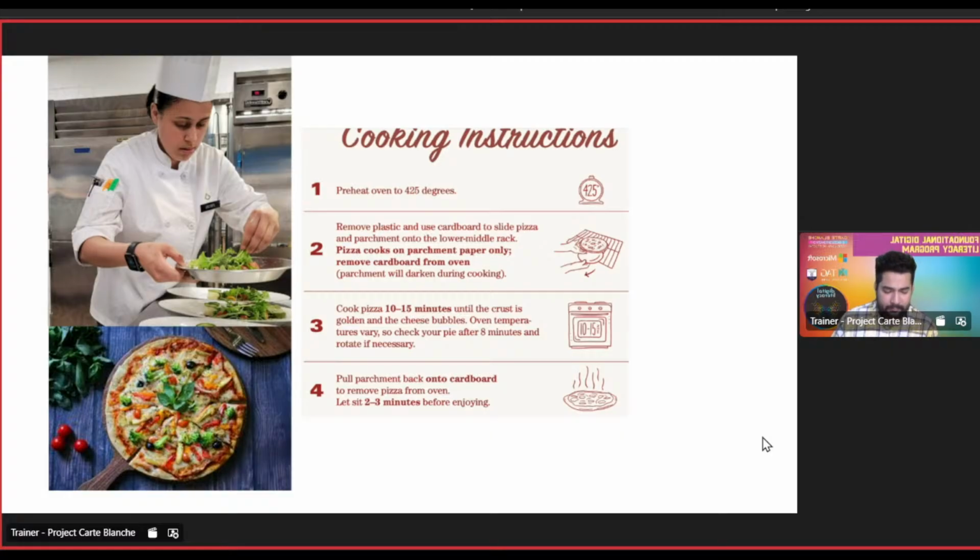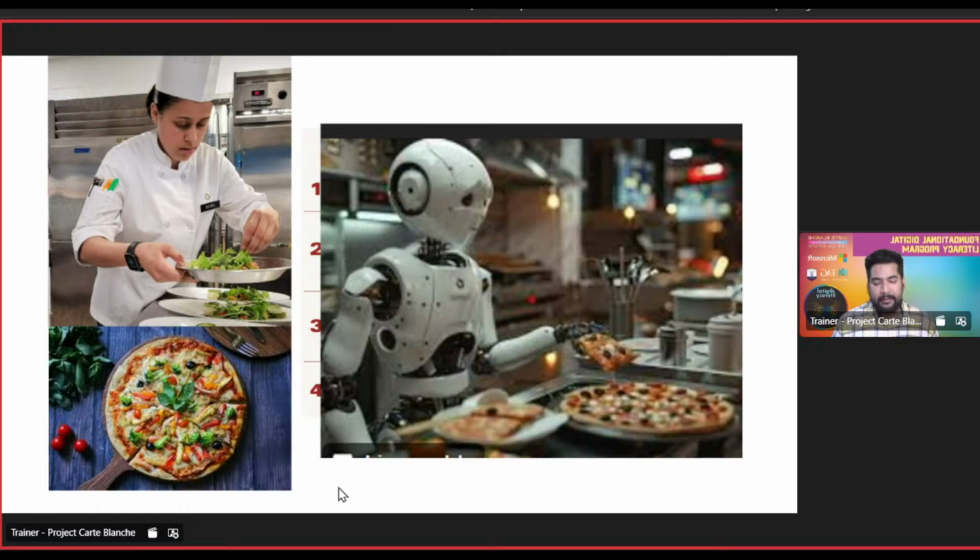Same way, imagine the overall cooking process is called the AI. Imagine the human is replaced by the AI. AI is nothing but, let's say, a computer or a robot which has been trained to cook a pizza, and it has been fed multiple recipes, including how pizzas are made worldwide.